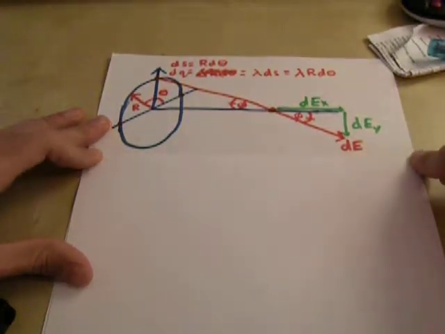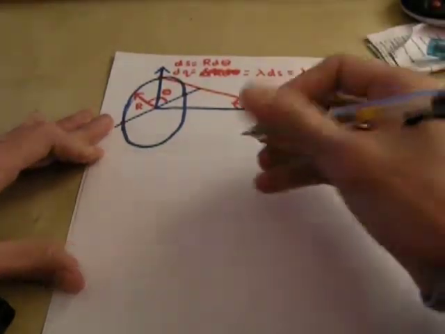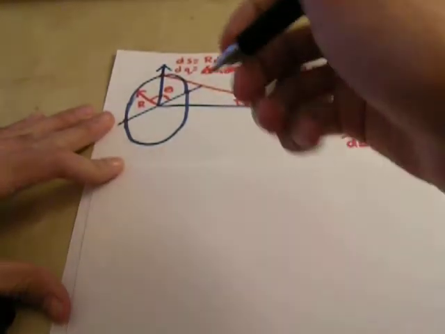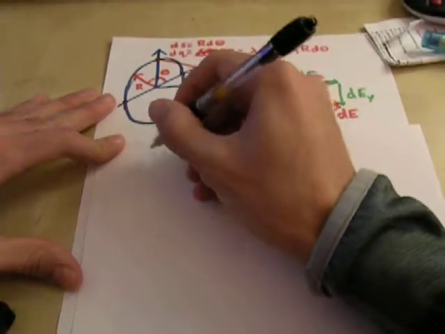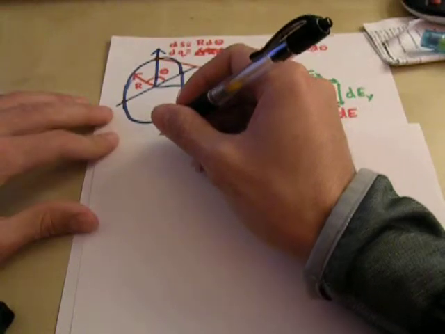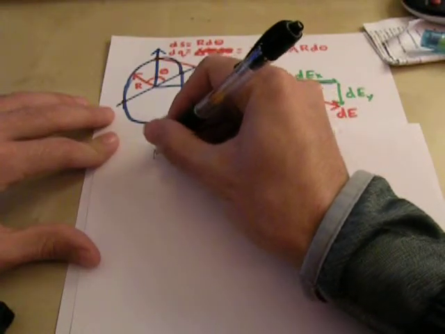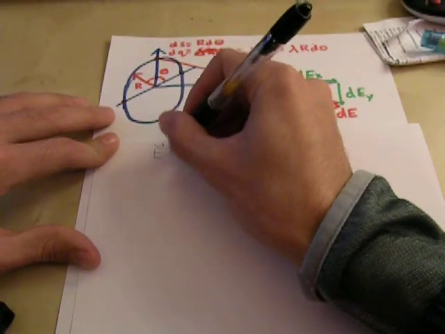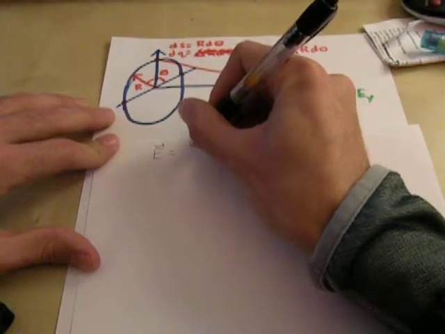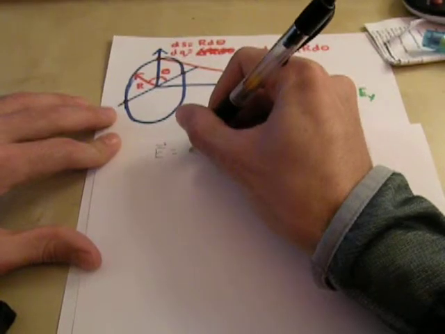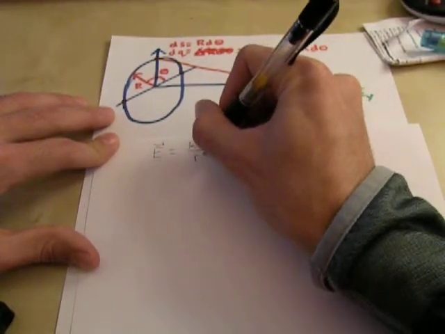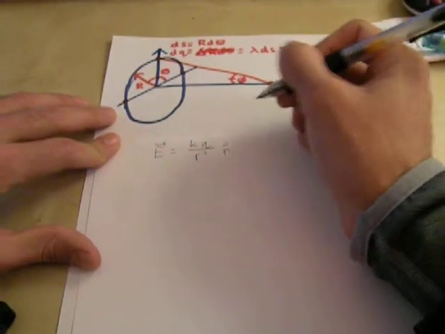To start things off, let's go ahead and write just a general e-field. E is equal to k q over r squared r hat.